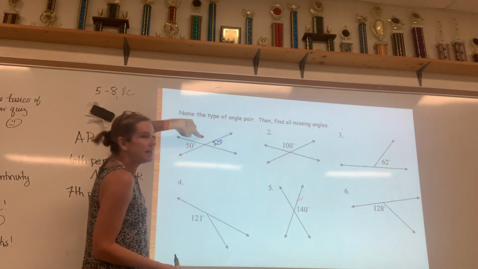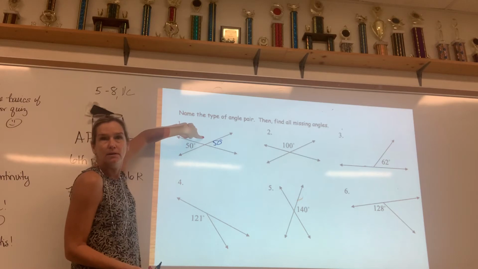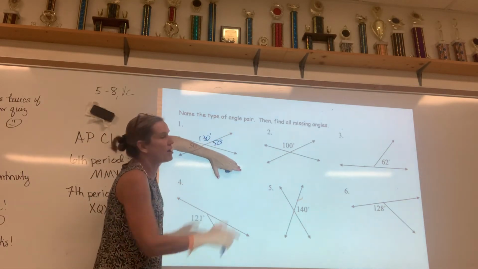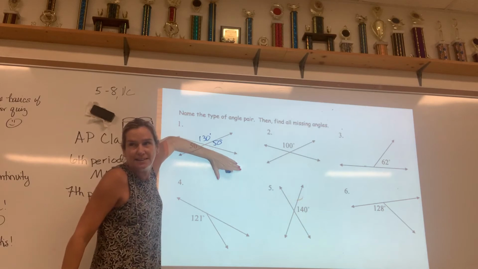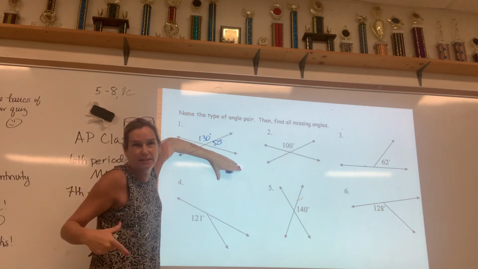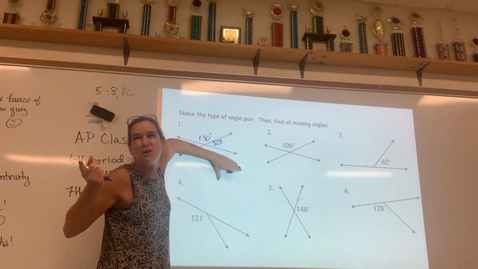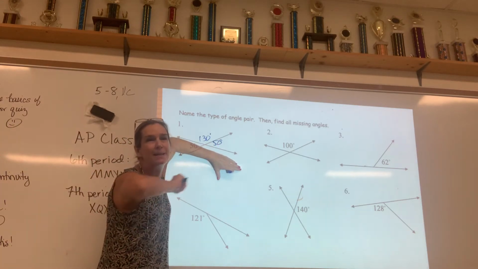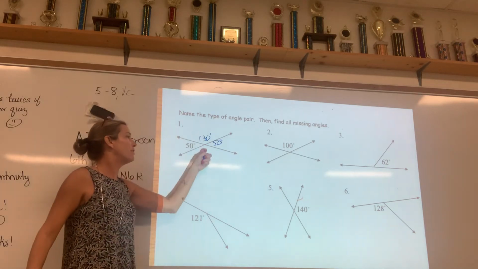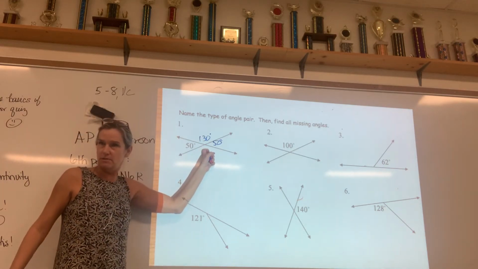So the other missing angle would be 130, because if they form a line, they are called supplementary, but also linear pair. And then if this one's 130, then vertical to that, this one is also 130.